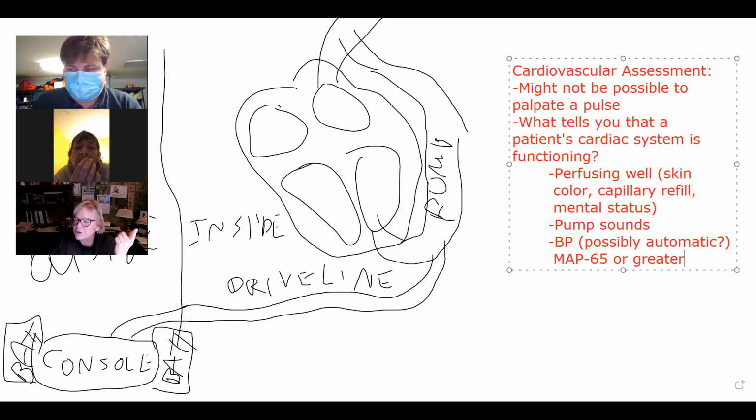I'm not sure if you're going to cover this or not, but let me throw it out there. If we get a complaint of chest pain, we get there, they've got an LVAD, but they have nitroglycerin. If we can't get a blood pressure, how do we know whether or not we can administer nitro?